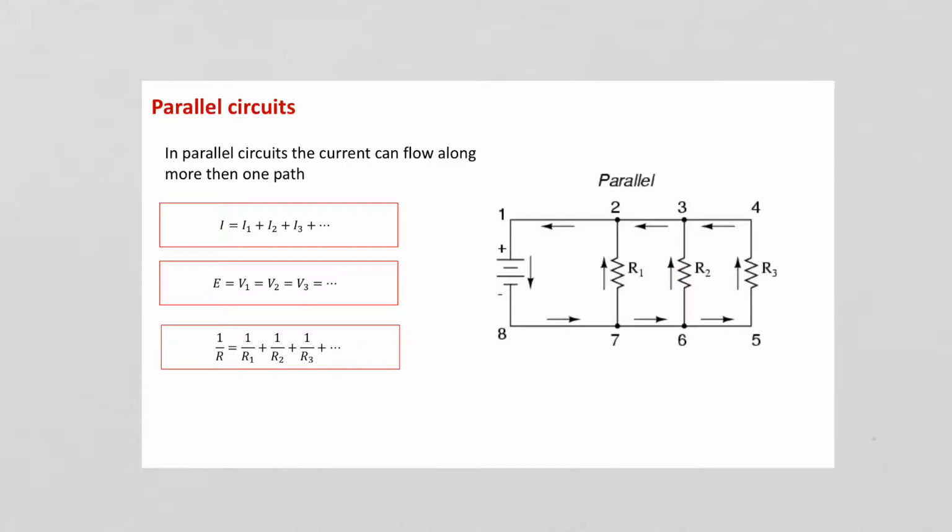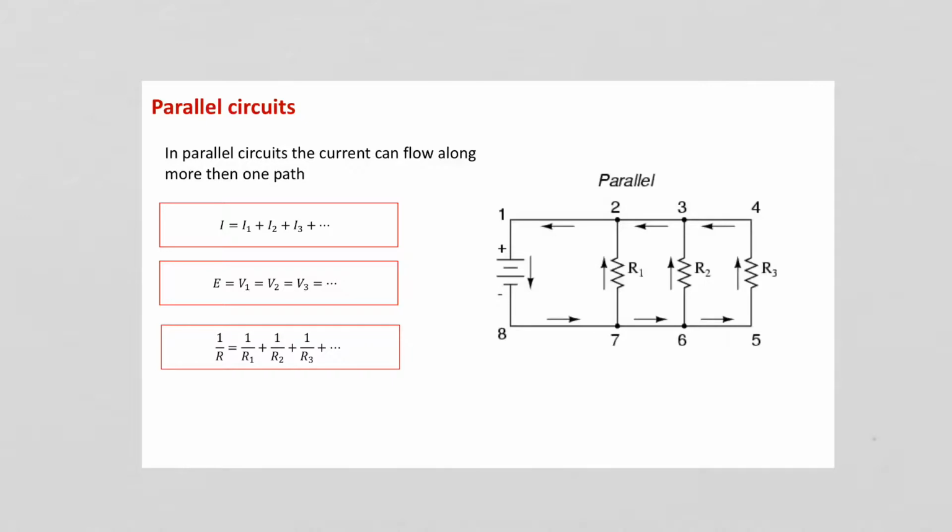Some of the current is going to go through R2, the rest through R3. The currents in R2 and R3 are going to combine at point 3, and then the current in R1 is going to combine with those two at point 2 to produce again the total current in the circuit. So that means that the total current in the circuit is the sum of the currents that go through each resistor. So the total current in the circuit is equal to the sum of currents in each resistor.